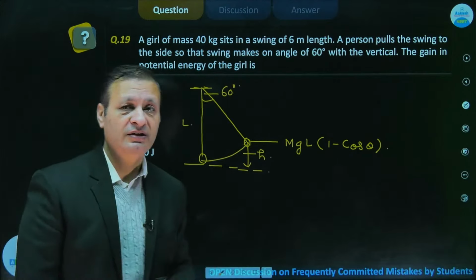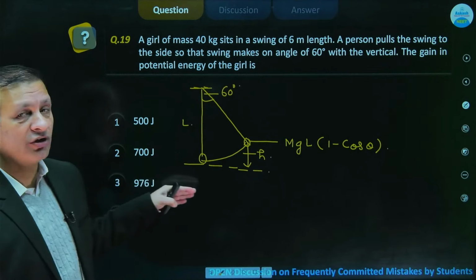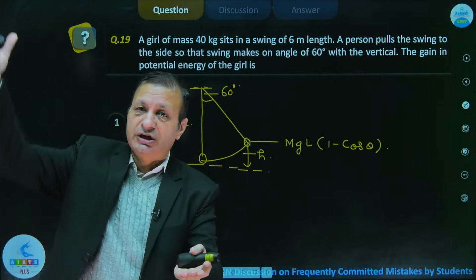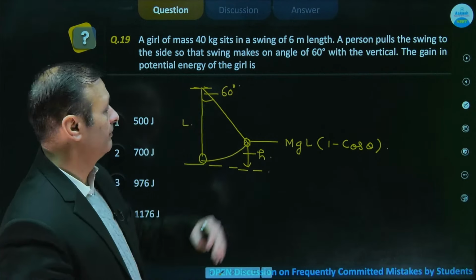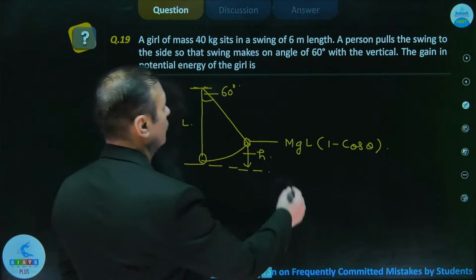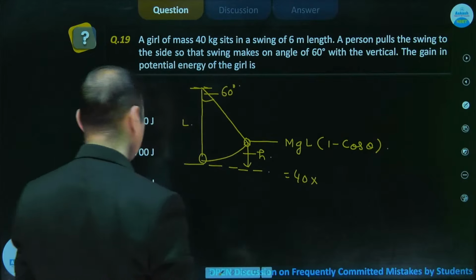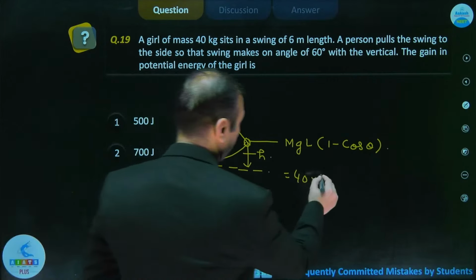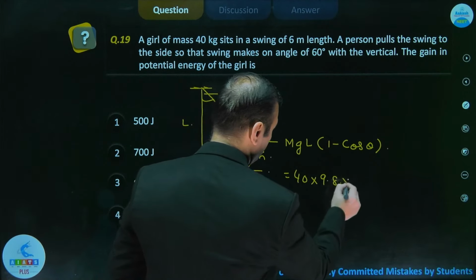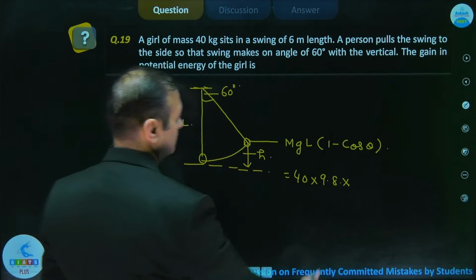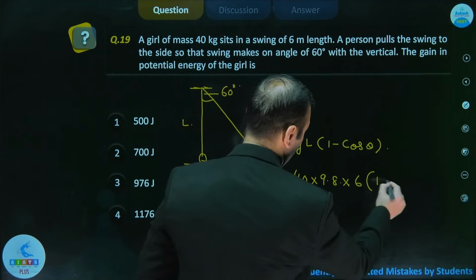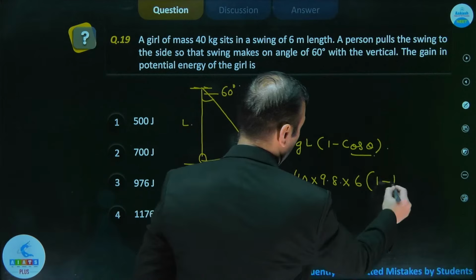We are considering it as a sort of pendulum, and it is taken to a height and inclined at an angle of 60 degree. So what is the mass? 40. We'll keep g as 9.8. Length is 6 meter. 1 minus cos 60 is 1 by 2.